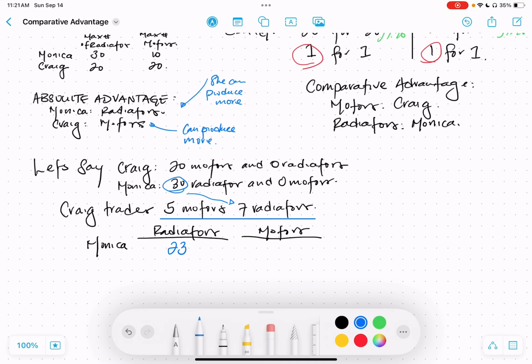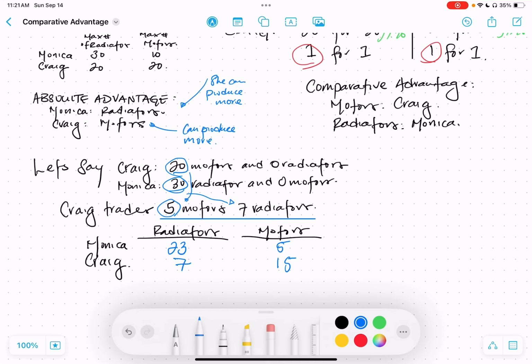But because she's trading, she gets 5 motors in return. And Craig, on the flip side, ordinarily is producing 20 motors, but he's trading 5. So he gets 15, but then gets 7 back. So we say he gets 7 here.